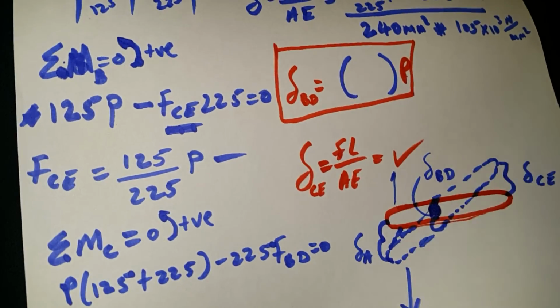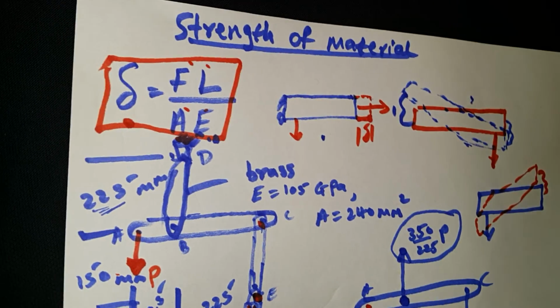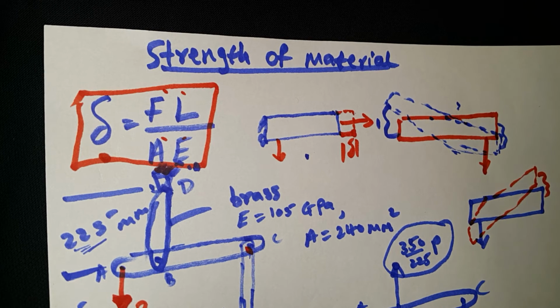You just have to have an idea of how a member will deform, the type of member, and how the force is applied on it. The place where a force is applied will change the type of deformation of the member.